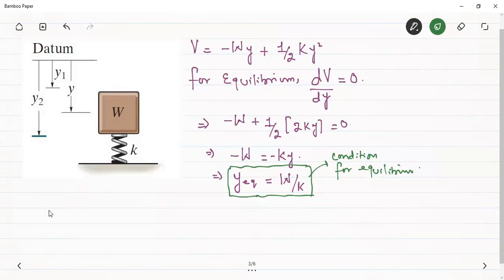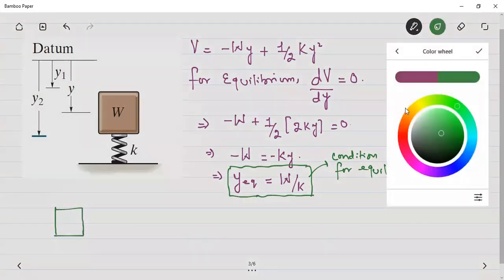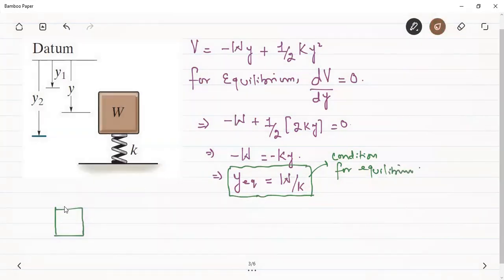This could have also been easily seen if we had drawn the free body diagram of this block. The weight of this block will be acting in the vertical downward direction. Now, since this spring is in compression, it will be exerting a restoring force on this block in the upward direction. So this is the spring force.